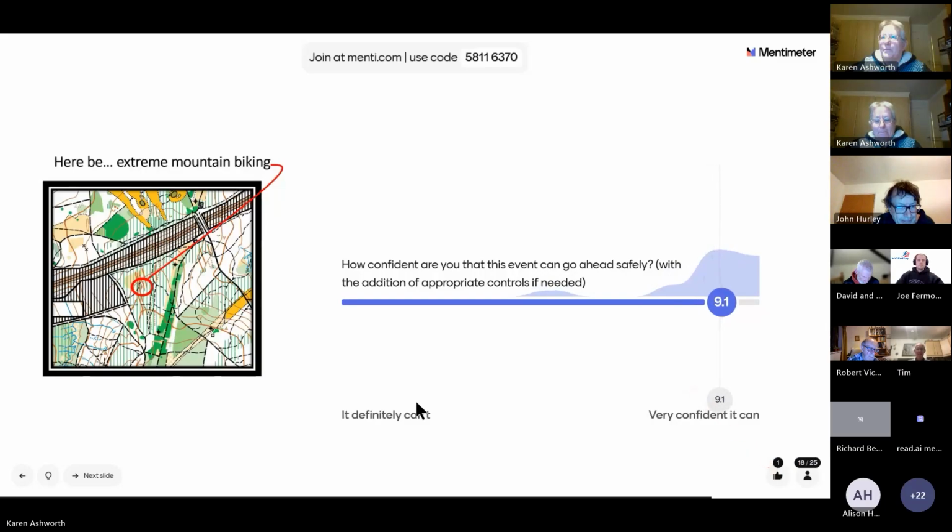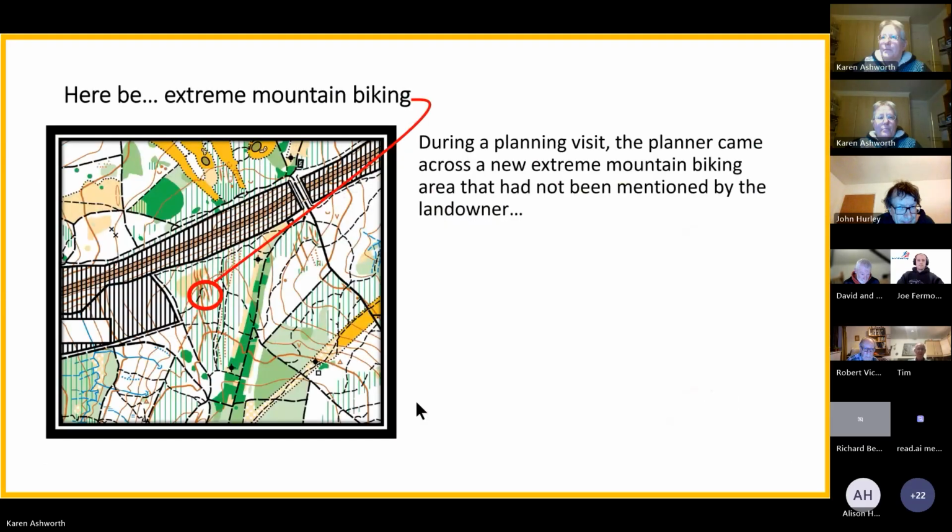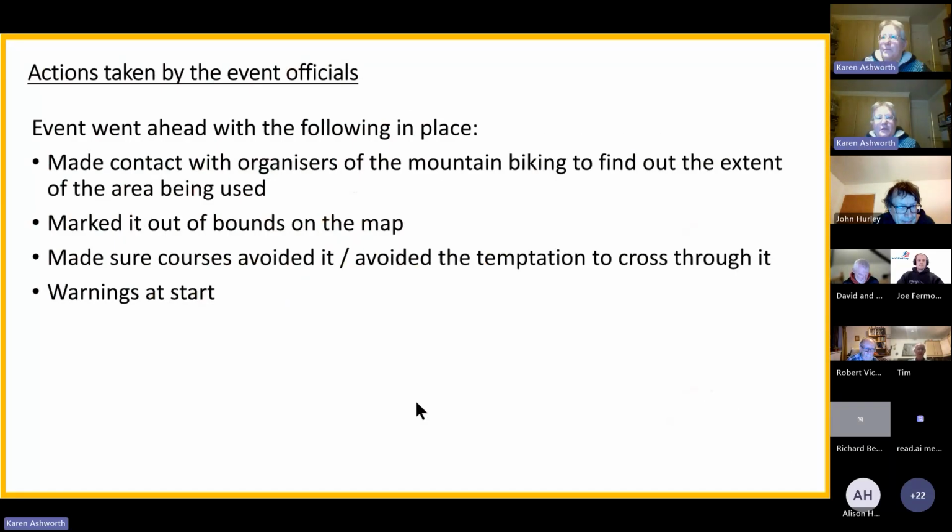Of course we can. So they made contact with the organisers of the mountain biking to find out the exact extent of the area that was in use, marked it out of bounds, made sure that the courses avoided it and didn't have the temptation to go through it, and put warnings at the start.